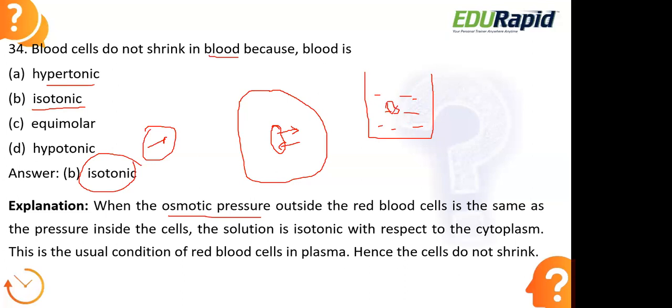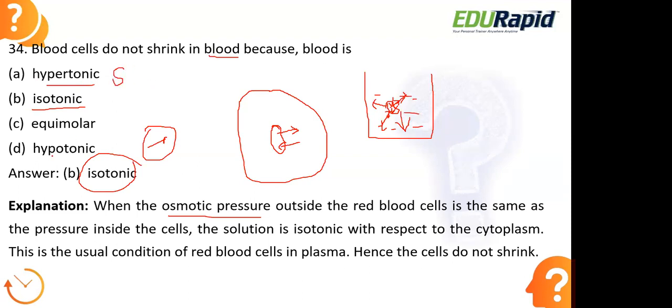It will start shrinking because the water concentration inside the cell is more than its concentration outside the cell. So all the water molecules will tend to move out of the cell, because we know that during the osmosis process, water will always move from higher concentration to lower concentration. Since the water concentration inside the cell is more here, it will start moving towards the lower concentration, that is, to the surroundings in this direction. As and when there is no water in the cell, definitely the cell will shrink, right? So in case of hypertonic solution, it will shrink.